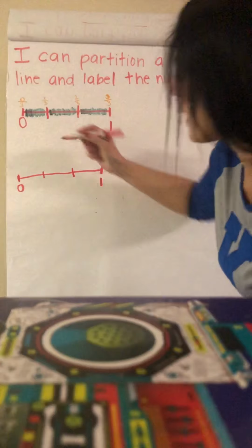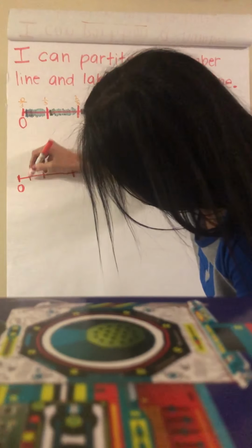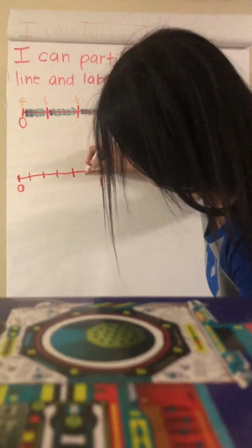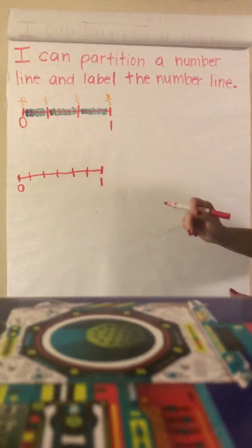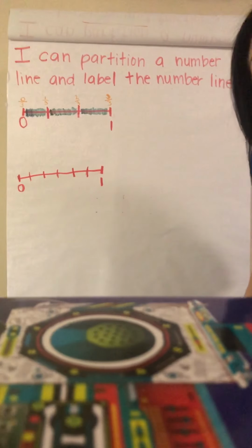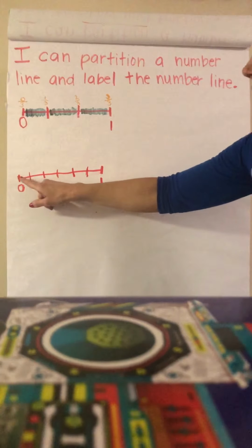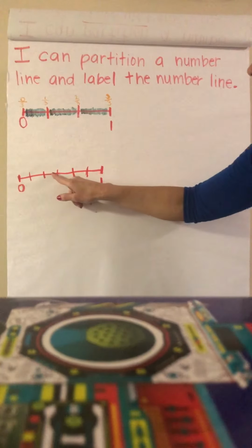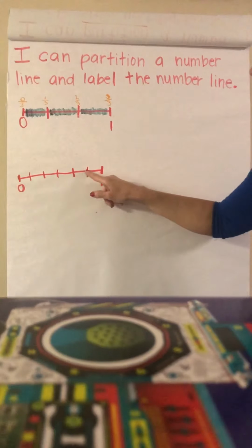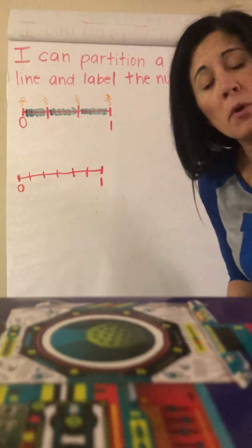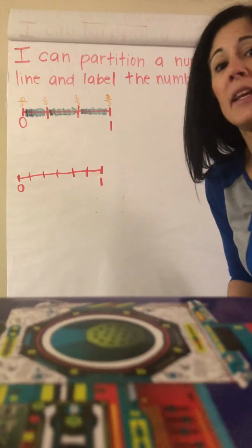Okay, and then I'm actually going to break my thirds in half. And hopefully that should give me 6 equal pieces. Okay, let's count them. 1, 2, 3, 4, 5, 6. Awesome. So now we're going to start actually labeling each piece.